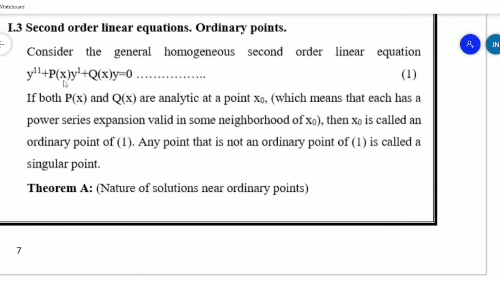If both p(x) and q(x) are analytic at a point x0, then x0 is called an ordinary point of this equation. Otherwise, it is called a singular point. It's an important part. You can have these questions in competitive exams.